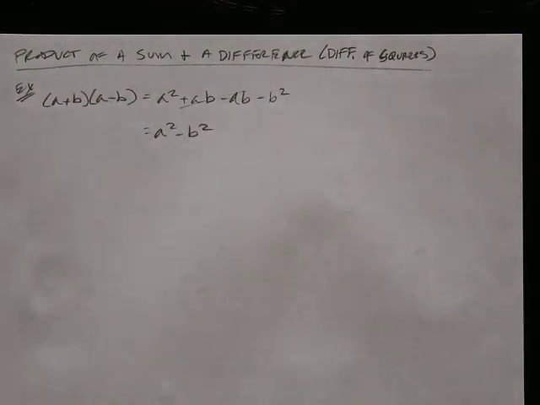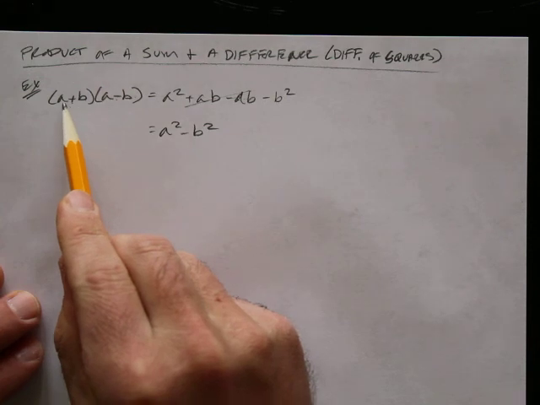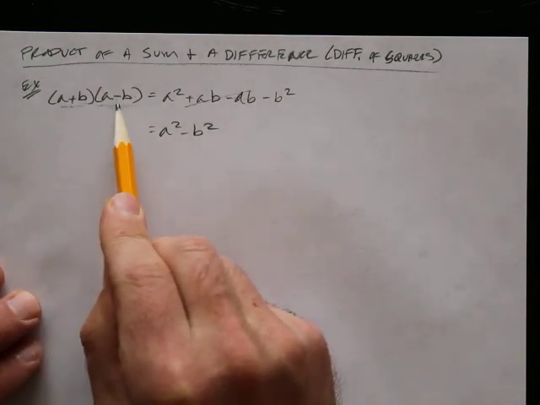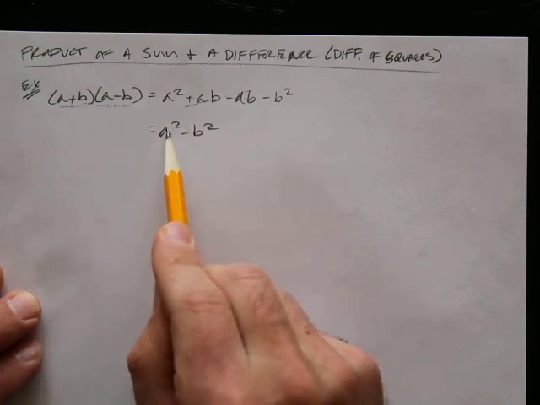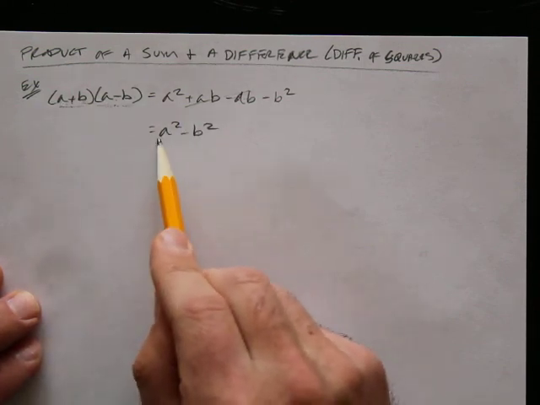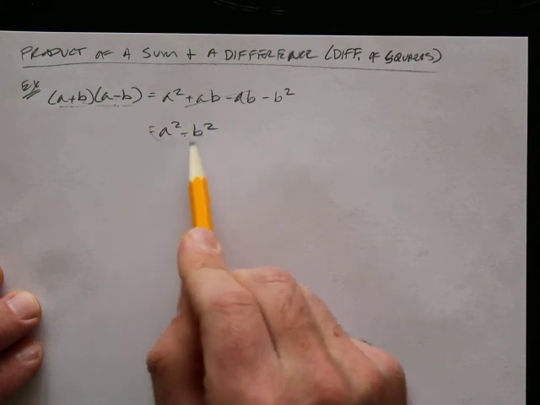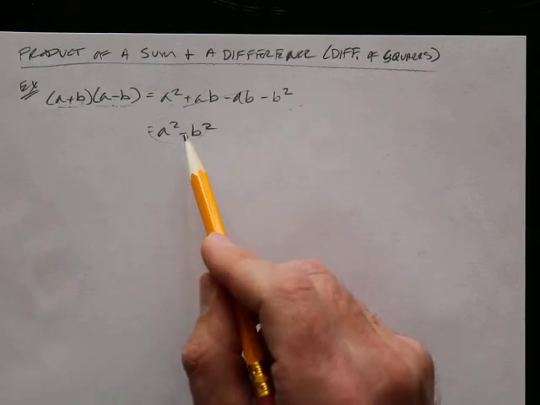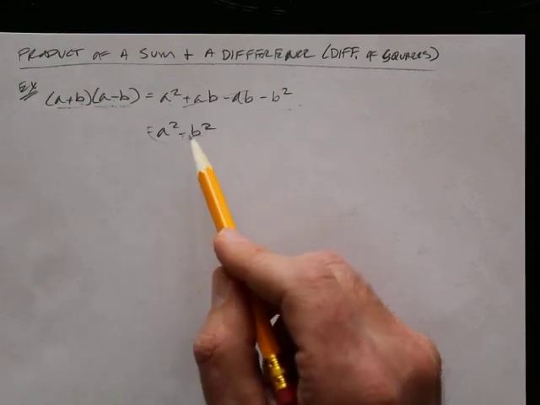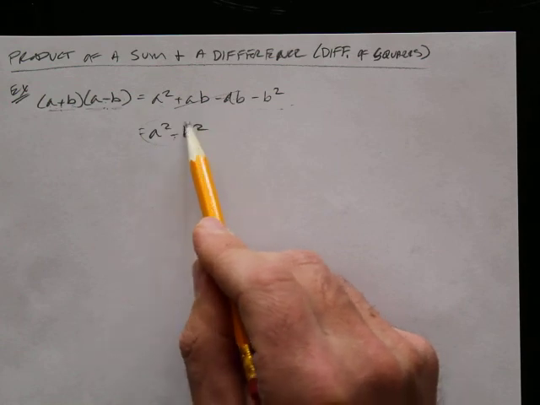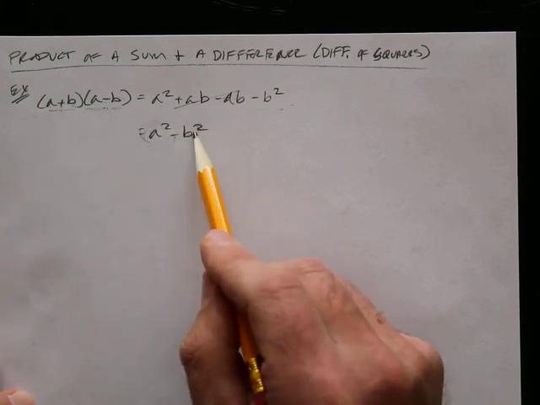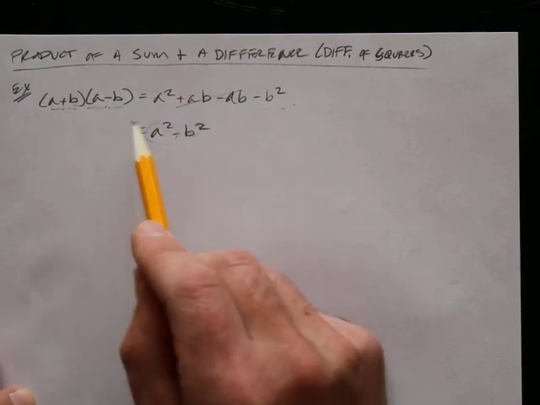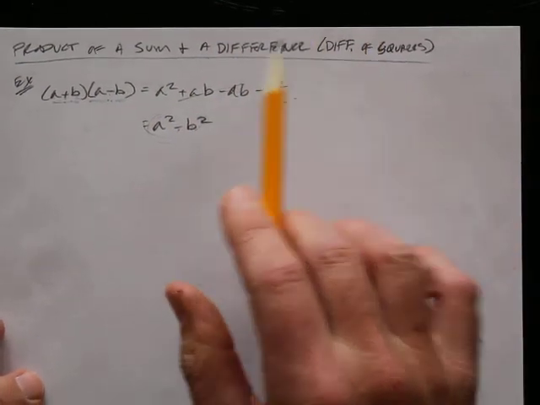So if these two binomials are exactly the same except one is plus and one is minus, then I can square both of these terms and put a minus between them, and I've done my FOILing without having to FOIL. This is going to come in really handy when I take this form and factor it down to the other form, which is something we're going to do quite a bit. That's why this is an important concept.